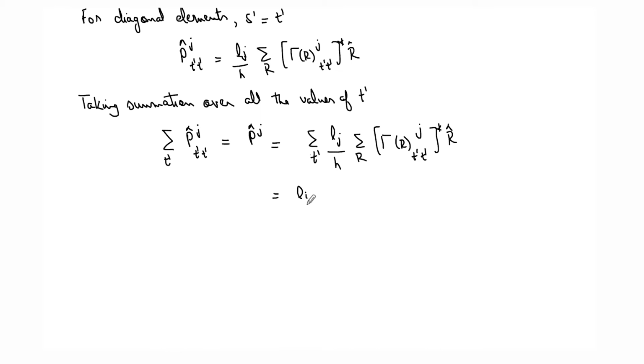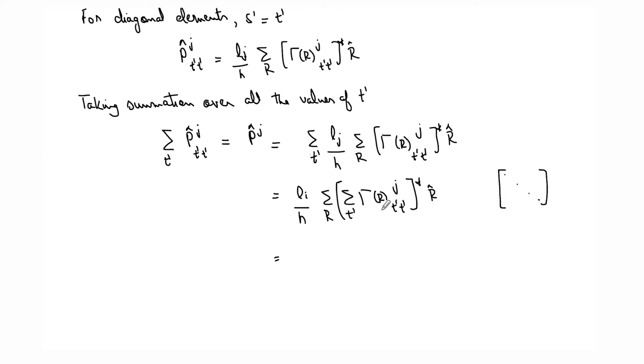So what we will get is Lj over h, summation over all R, summation over all T prime, tau R T prime of the jth representation, star, R cap, right? Now if I do this summation, what do I get? This is nothing but a matrix element summed over all diagonals.